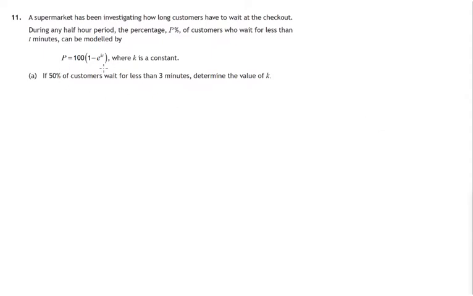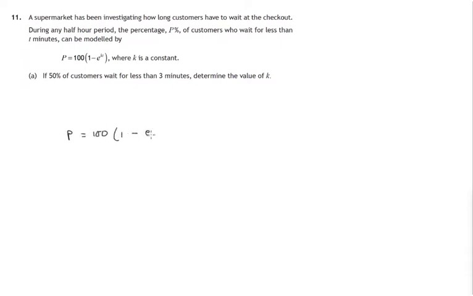This question involves a formula which tells us the percentage of customers who wait for less than T minutes. This is done over the course of half an hour, the number of customers that wait less than T minutes in a certain supermarket. So let's just have a look at this formula and see the various parts of it.